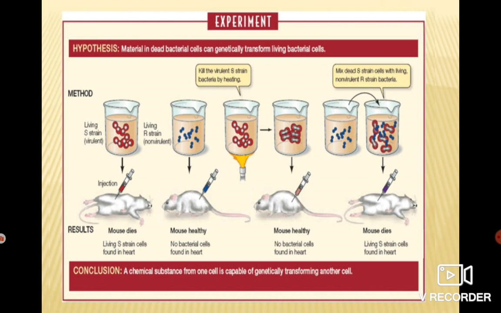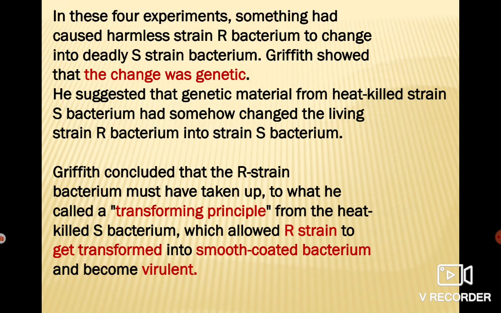Then the next experiment was performed by scientists Avery, MacLeod and McCarty. See here, again we will revise Griffith's findings. In these four experiments, something had caused harmless strain R bacterium to change into deadly S strain bacterium.